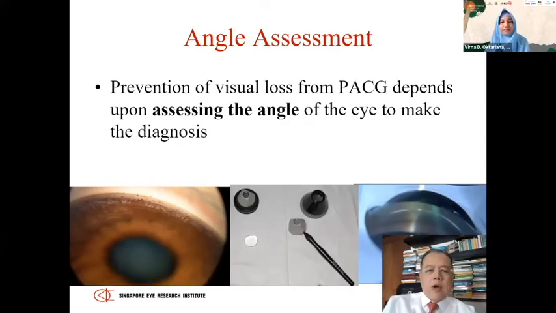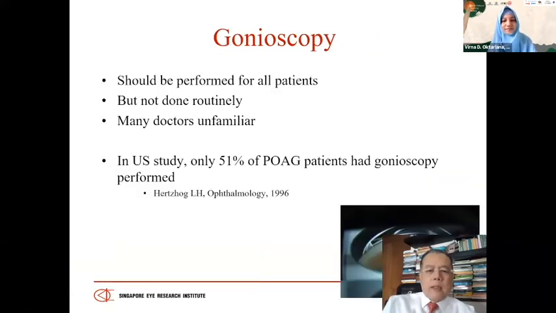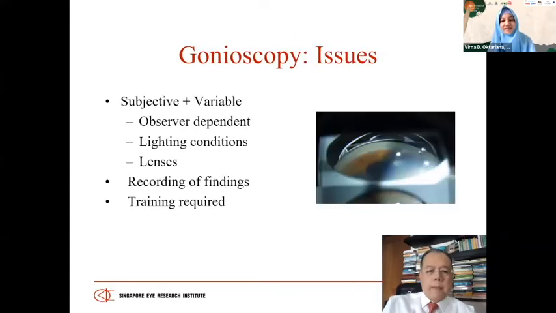First, let's discuss how do we assess the angle. Well, the main way of assessing the angle is by doing gonioscopy. This is the method where you will put a lens on the eye and directly look at the angle structures. We know that gonioscopy should be performed for all patients with glaucoma, but we also know that many people do not do gonioscopy. And this is because there are several issues with gonioscopy.